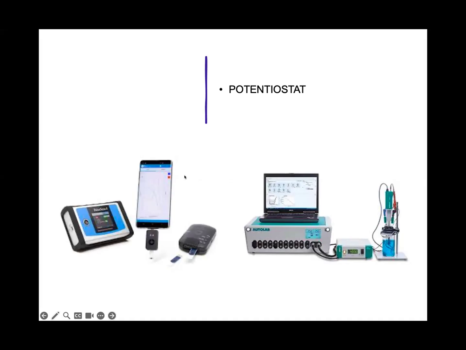We can just use apps. So instruments are getting smaller. Probably the accuracy or the sensitivity is not similar for both, but at least we have something portable. If we need to do some analysis on site, this is much better for us to use.